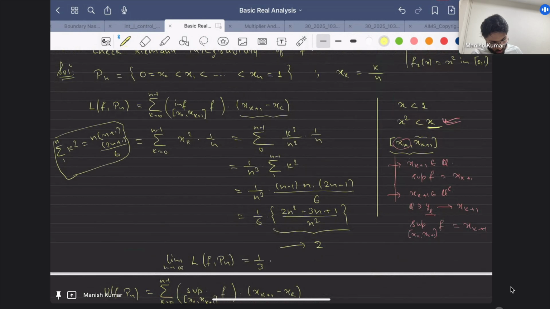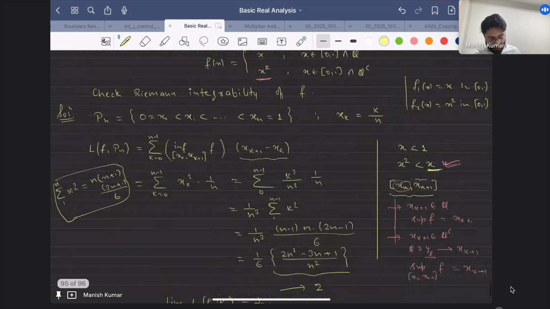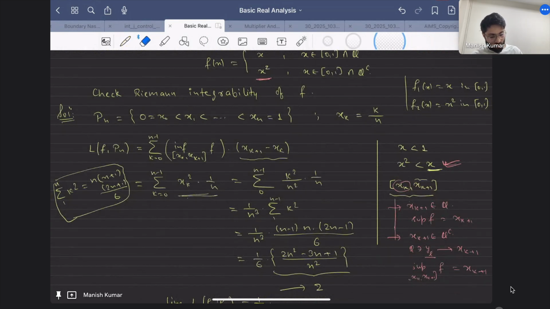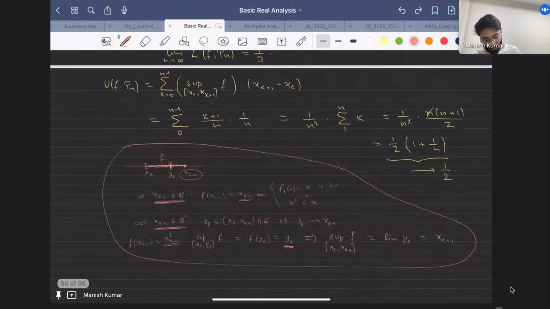But one thing: in this case you'll have to use this argument. For the supremum we don't have to think; this is not required for the supremum part.